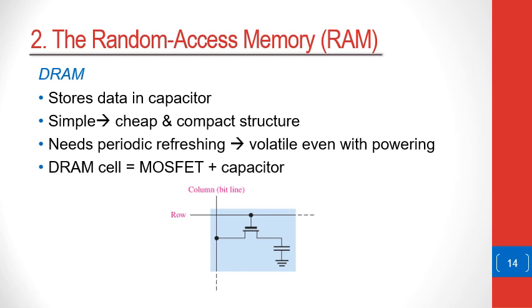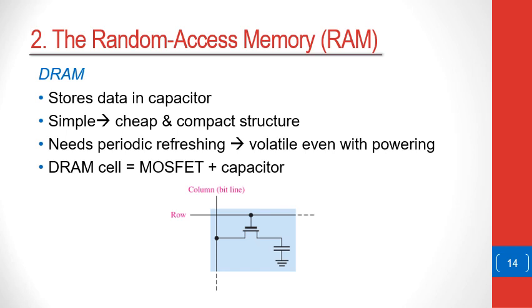This makes the DRAM much cheaper, and the memory can also be packed into smaller structures. However, the disadvantage of DRAM is that it needs periodic refreshing, as the data tends to leak out of memory. So even if there is power, from time to time the data will need to be refreshed so that it's not lost.